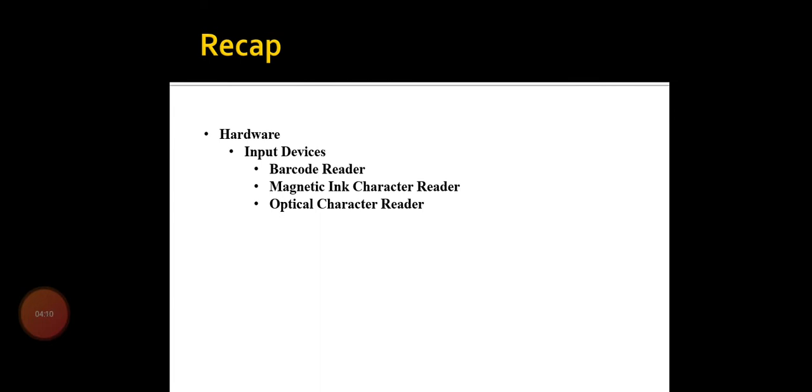An optical character reader is a device to input normal printed or handwritten text. The process first produces a digital image of the text. Then software converts the image into character codes that can be understood, stored and processed by the computer. That was all about our previous lecture.